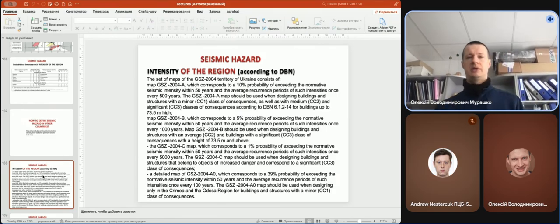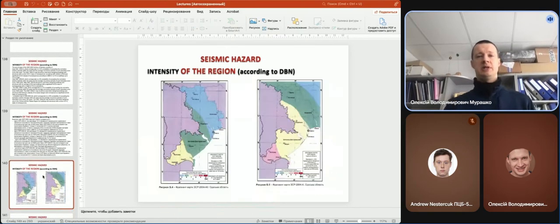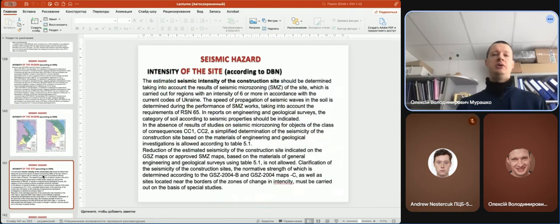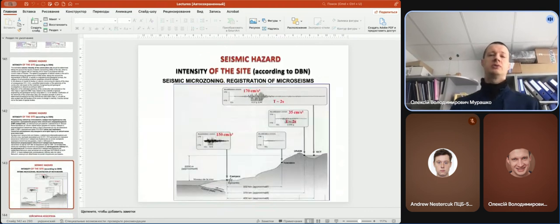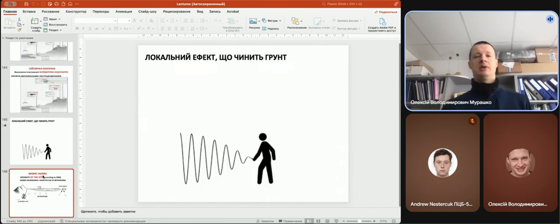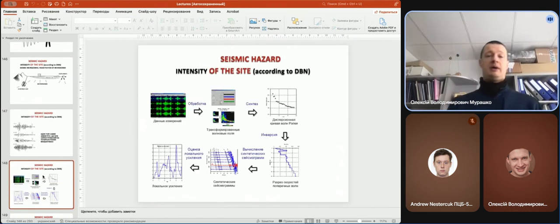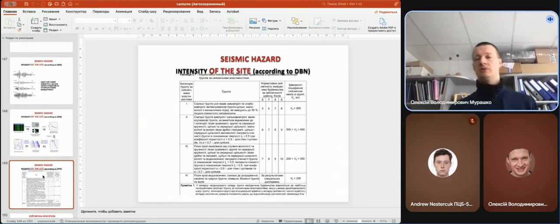But when we're talking about the seismicity of the construction site, we have to use either seismic microzoning, or we can use also the table which gives us an opportunity to define the seismicity of the construction site based on the categories of soils according to these seismic conditions.